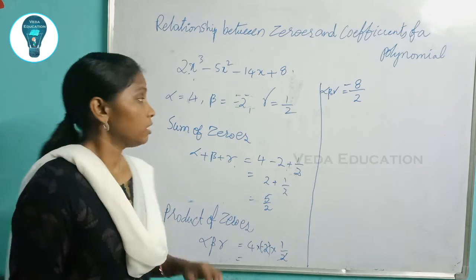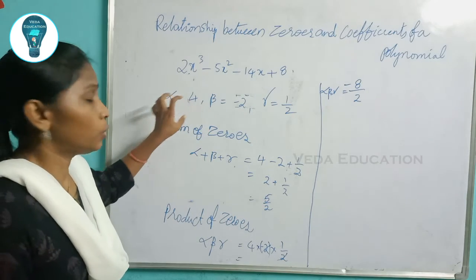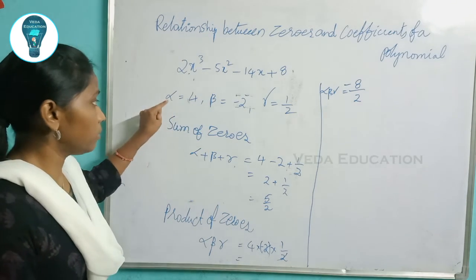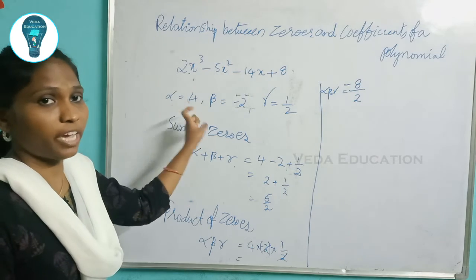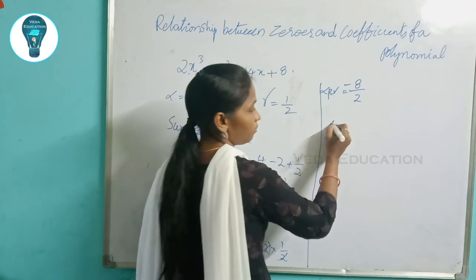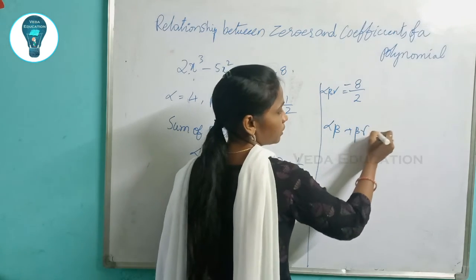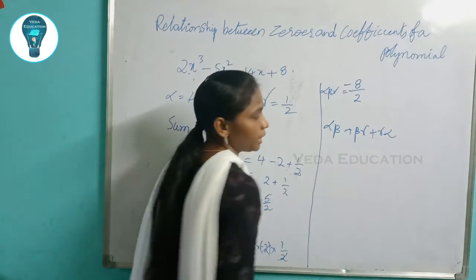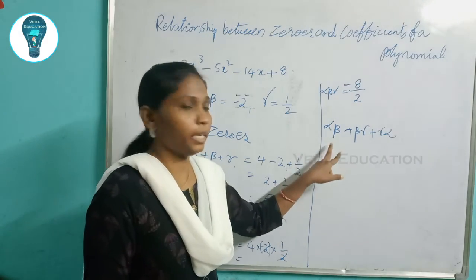Next, the third one: sum of product of the zeros two taken at a time. That means we multiply two zeros at a time and add these products. That means alpha beta plus beta gamma plus gamma alpha. Got it? Sum of product of zeros two taken at a time.